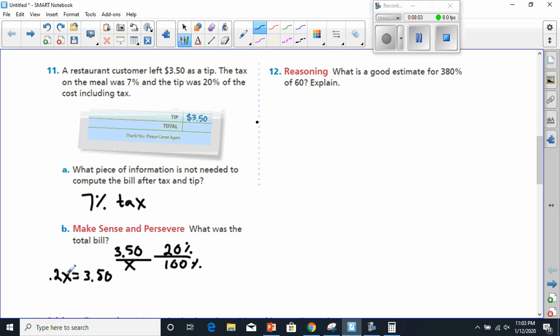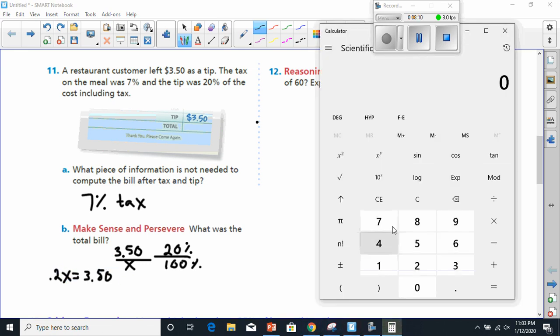So now we have to divide 3.50 by 0.2. 3.50 divided by 0.2 gives me 17.50.